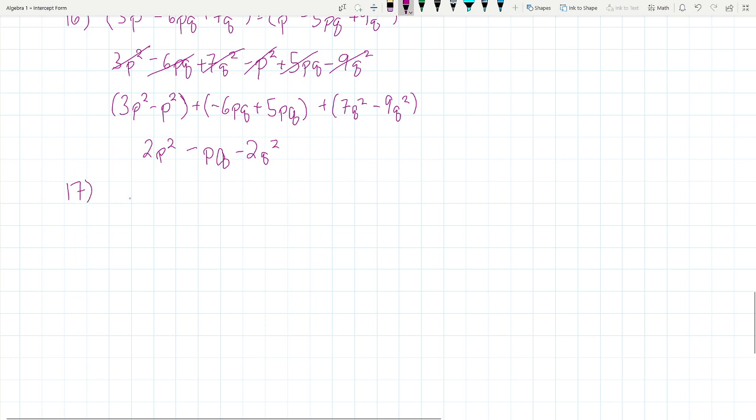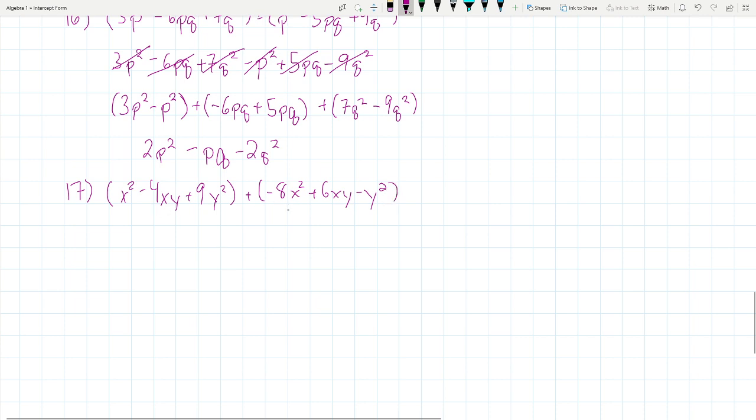All right, 17. x squared minus 4xy plus 9y squared, plus negative 8x squared plus 6xy minus y squared.